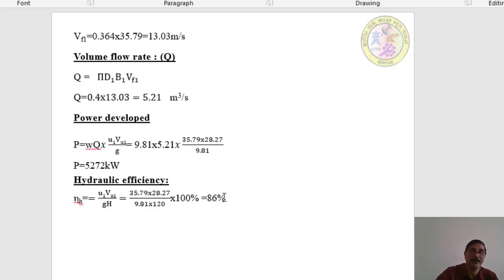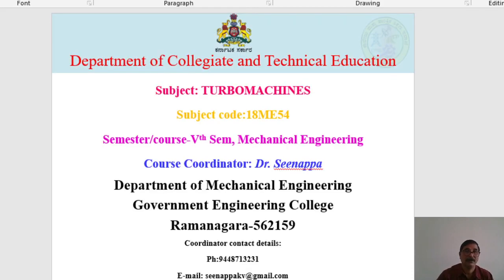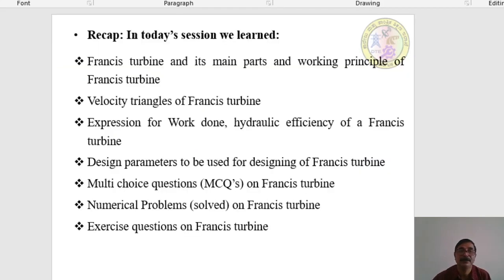Now let us recollect the things which we have covered today. Recap. In today's session, we learned Francis turbine and its main parts and also working principle of Francis turbine and velocity triangle of Francis turbine, the expression for work done, and hydraulic efficiency of a Francis turbine.